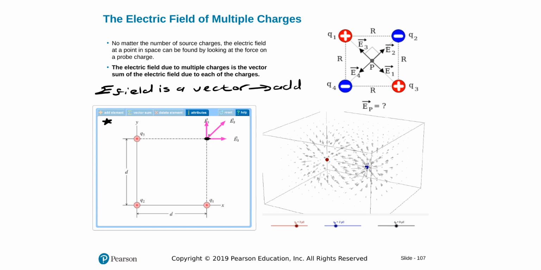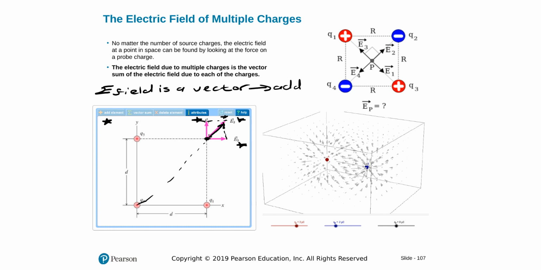All charges are positive, so all charges have electric field away from themselves. So Q1 would push. This would be my E1 here, as you see in the figure. Q2 would also push, and Q3 would also push. Overall, I can say this is already along the diagonal. If I complete a parallelogram here, E1 and E3 will also add along the same diagonal.